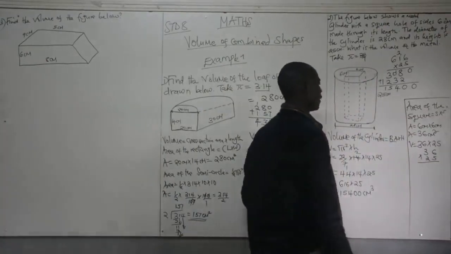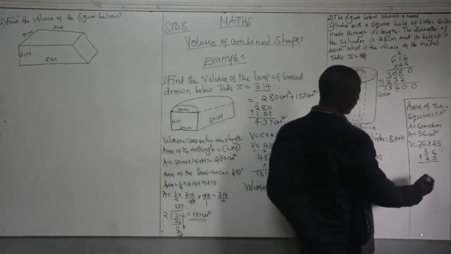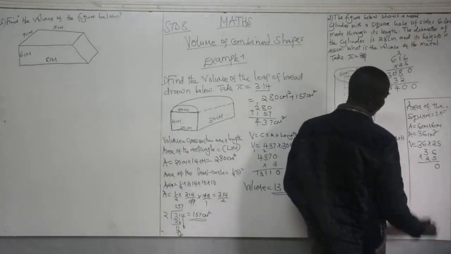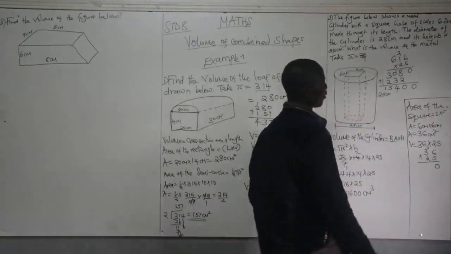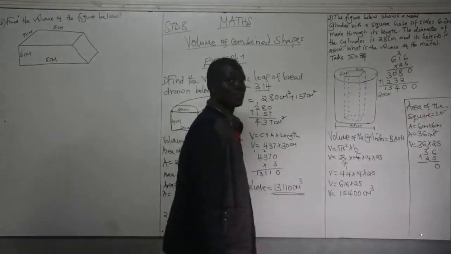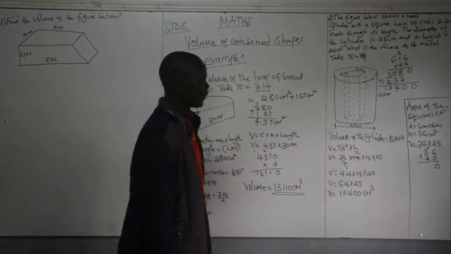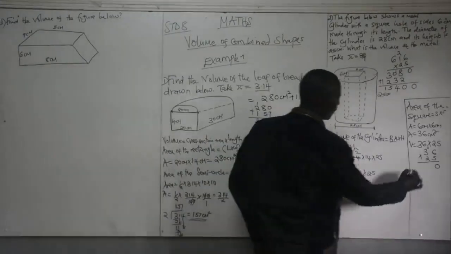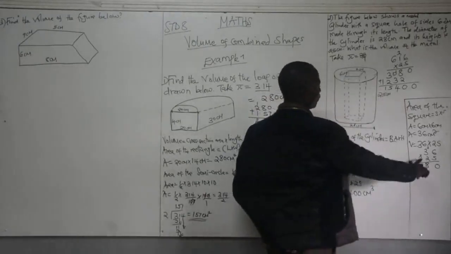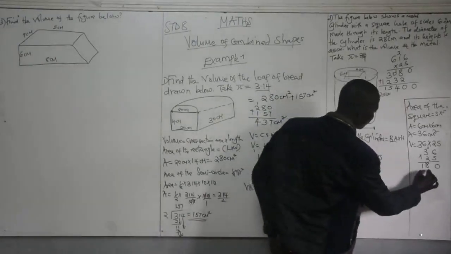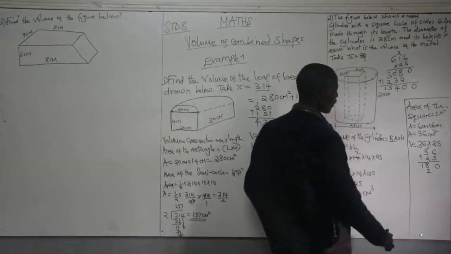So let us multiply 5 by 6, it gives us 30. 30 you write a 0, you carry 3. Then again we have 5 times 3 gives us what? 15. 15 plus 3 gives us 18. So we write 18. Then we have 2 times 6 is 12. Write 2 carry 1.